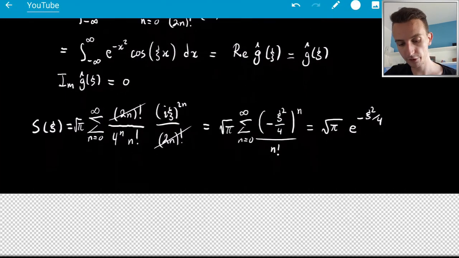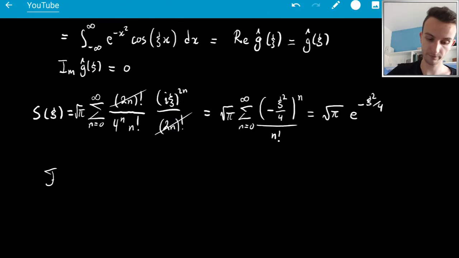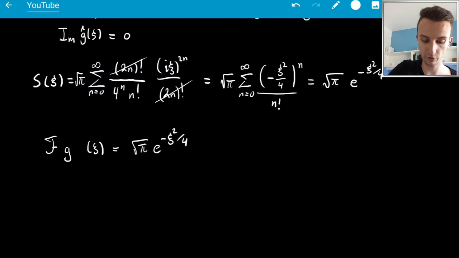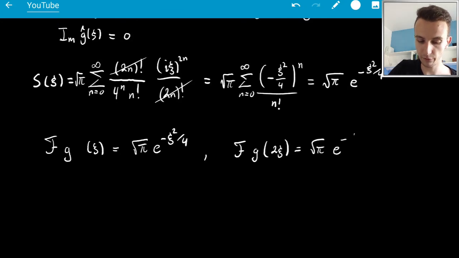So basically we've just proven that the Fourier transform of G evaluated at psi is square root pi e to the minus psi squared over 4. This would of course mean that the Fourier transform of G evaluated at 2 psi is square root pi e to the minus psi squared, and this is equal to square root pi G of psi.